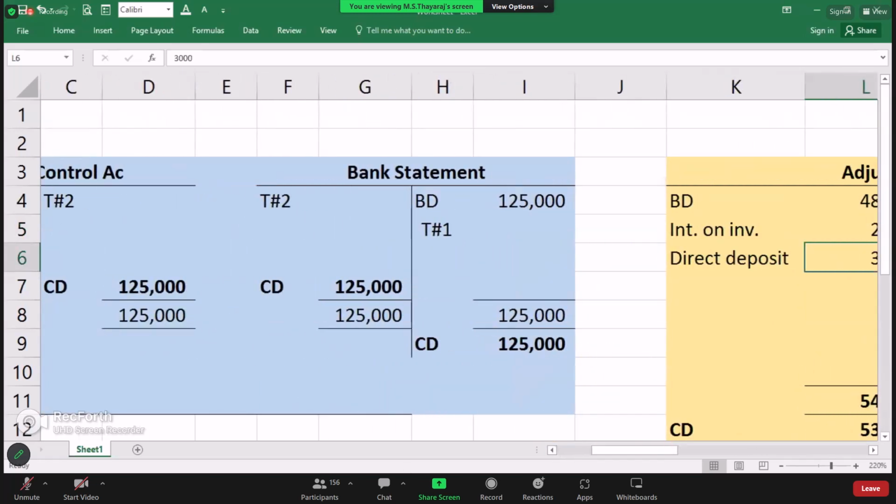Then the final one. A check, rupees 2,000, received from EXE Limited, a customer, and deposited has been returned unpaid.